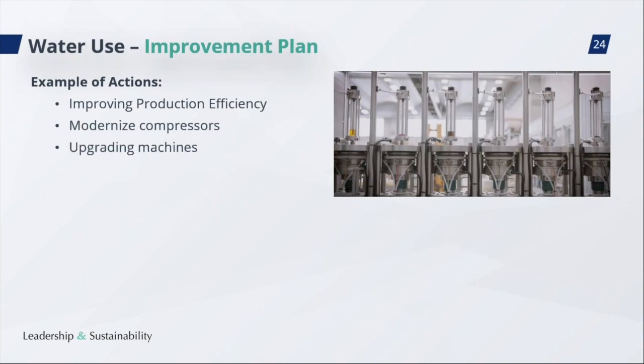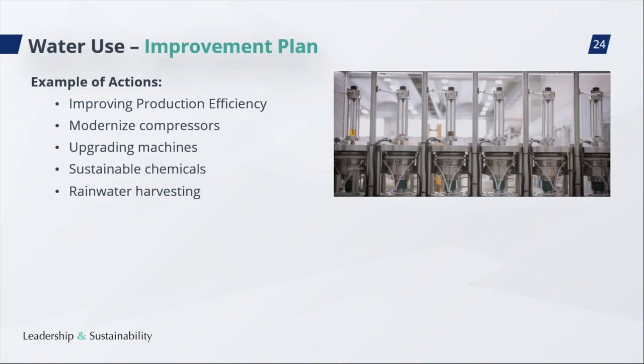You can upgrade machines. You can use more sustainable chemicals that eliminate some of the steps perhaps, or reduce the water consumption, or work, for example, at a low temperature, and so use fewer resources, even if a lower temperature, of course, would not reduce the actual water consumption.